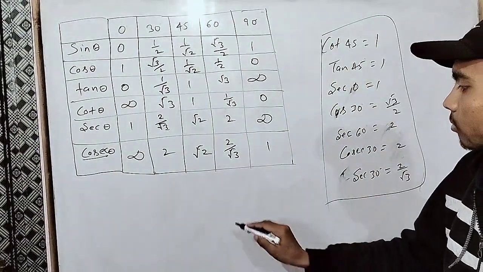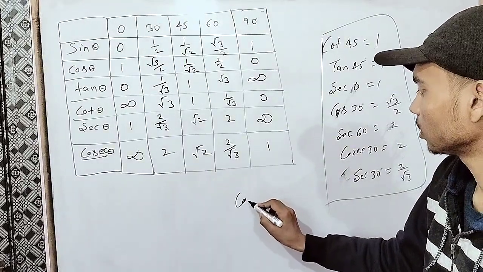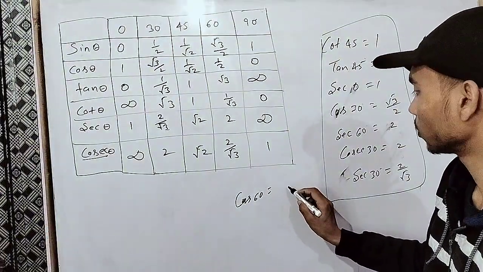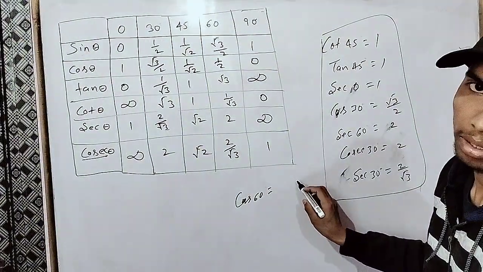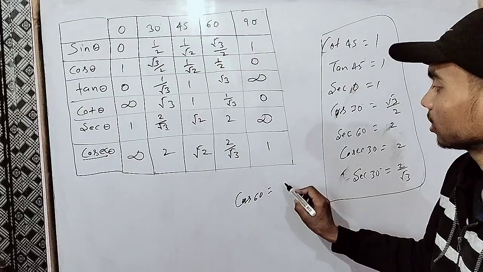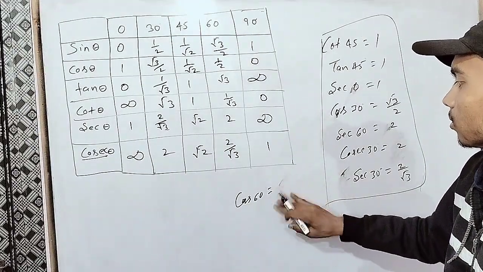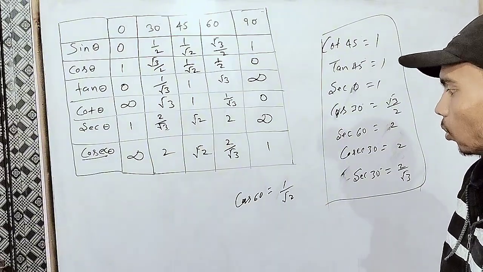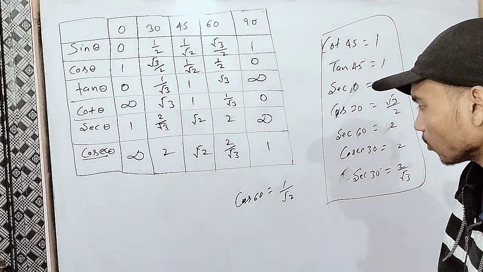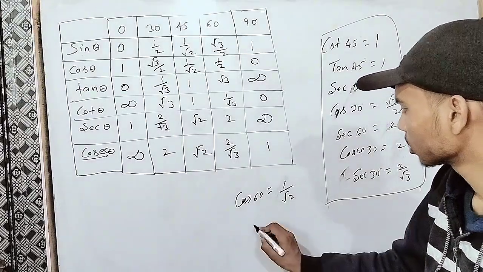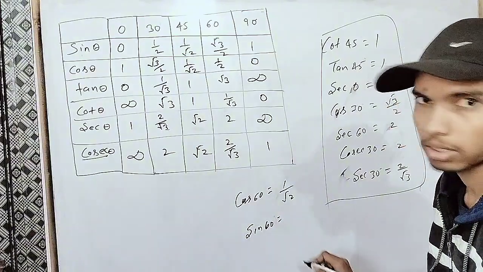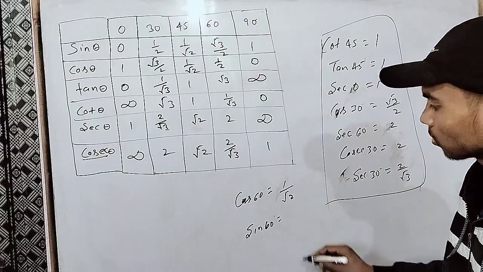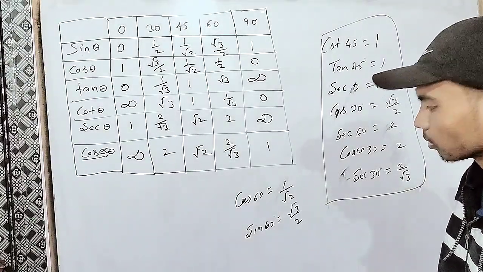If someone asks you cos 60 degree, what would you say? You would say 1 by 2. Sine 60 degree is root 3 by 2.